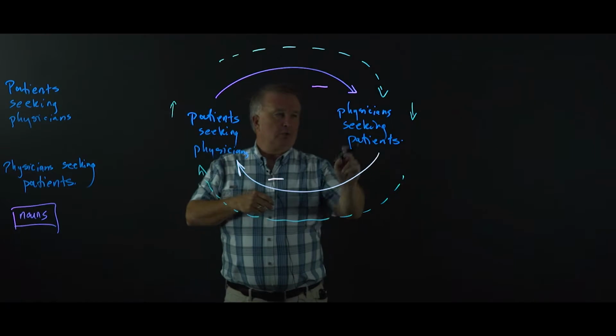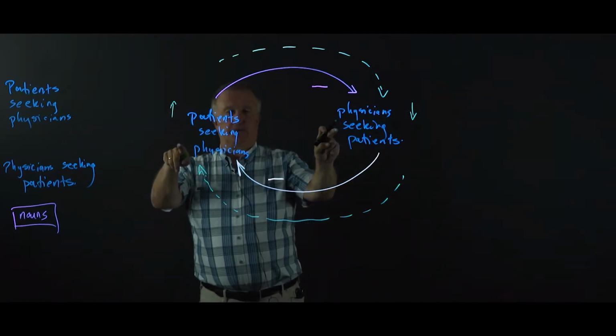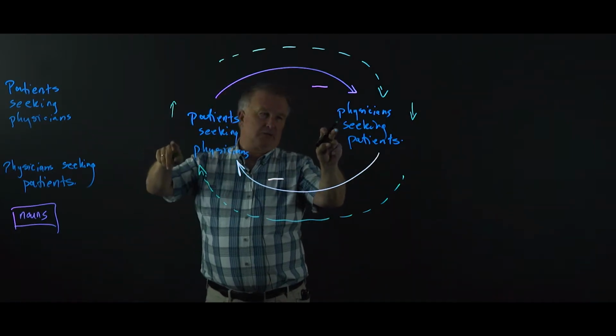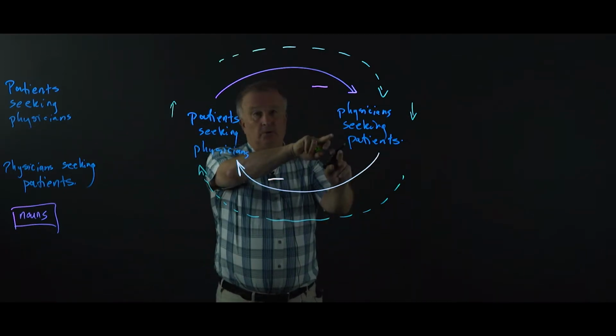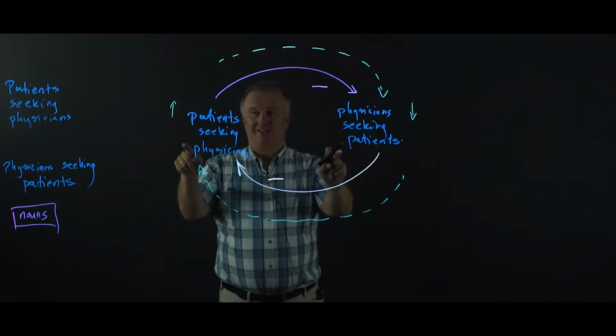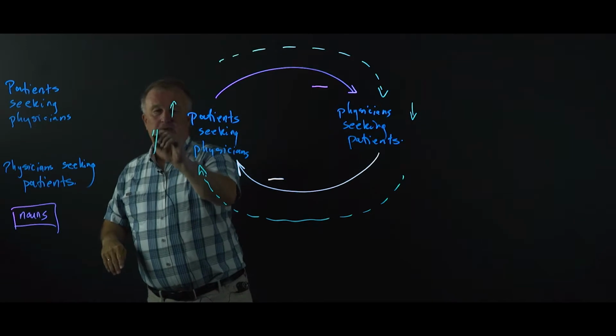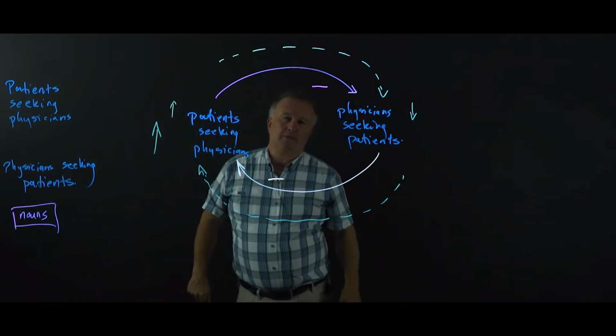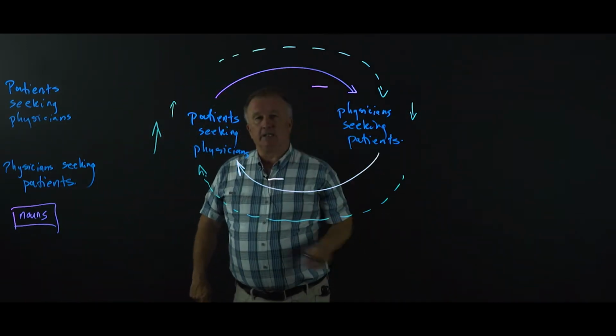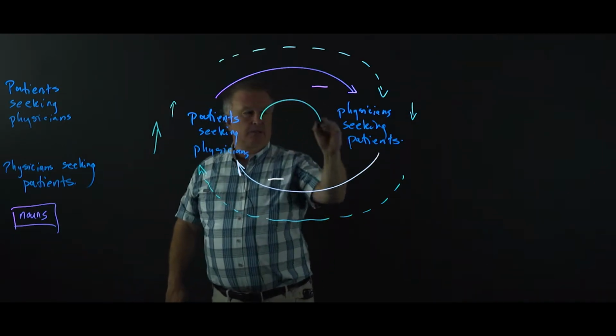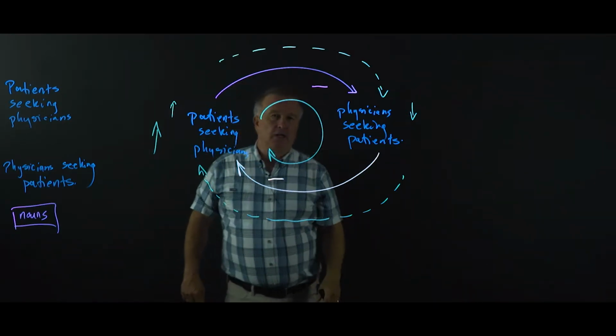Well, we know that if more doctors are looking for patients, the number of patients goes down. So conversely, if there are fewer doctors looking for patients, then the number of patients looking for doctors is going to go up.